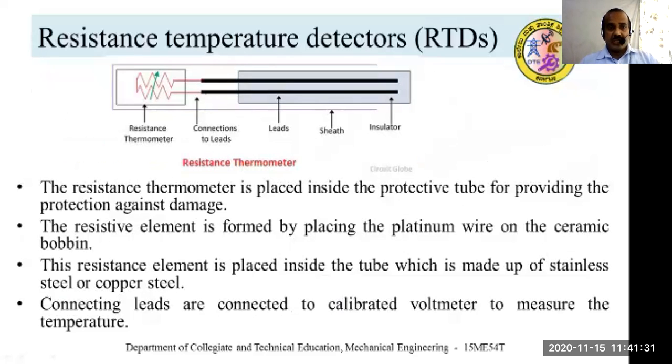Coming to the construction of resistance temperature detector, this resistance temperature detector has a platinum coil.